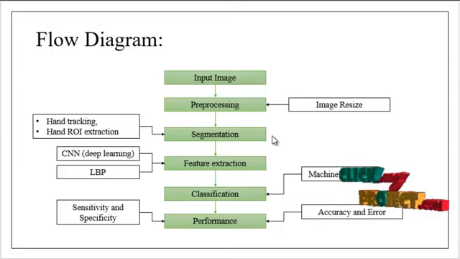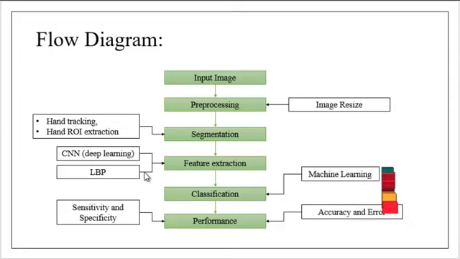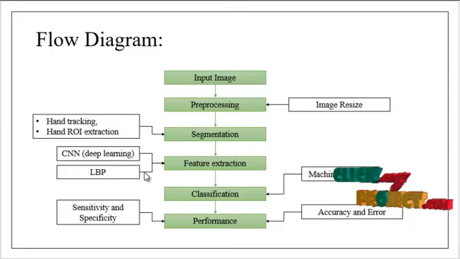After the segmentation, the feature extraction will be carried out. In this feature extraction, 2 kinds of feature extraction will be there. One is the deep learning based convolutional neural network, then the machine learning based local binary pattern. So these are the 2 algorithms in the feature extraction module to extract features from the image.